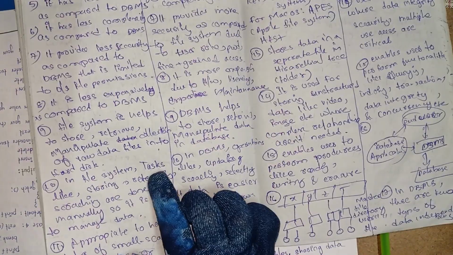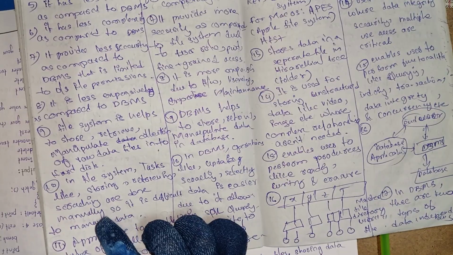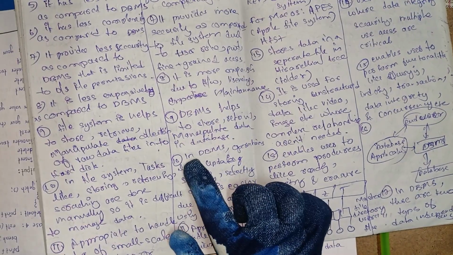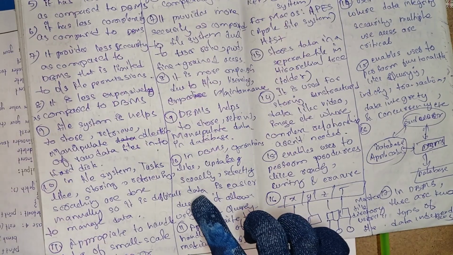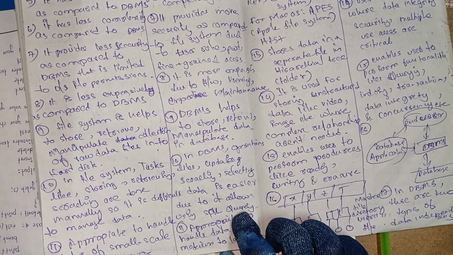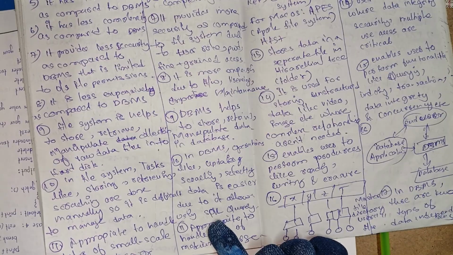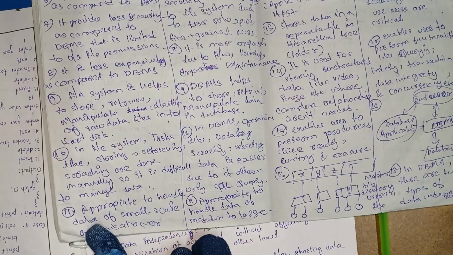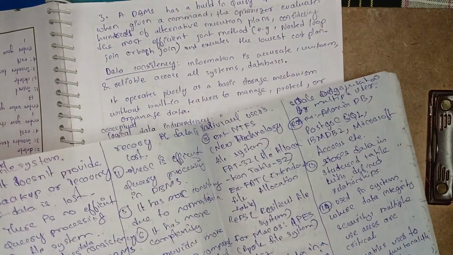And in the file system, tasks like storing, retrieving, searching, and updating are done manually, so it is difficult to manage data. And in DBMS, operations like updating, searching, and selecting data are easier because it allows using SQL querying. So SQL commands, it is used easily. The file system is appropriate to handle data of small scale organizations or individual users.